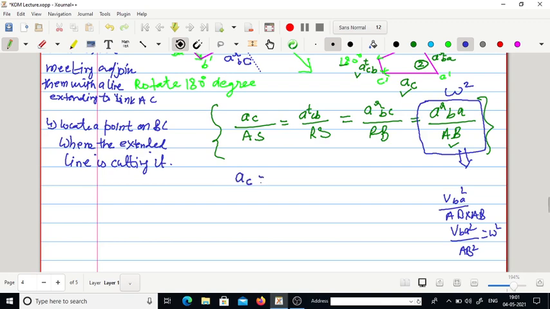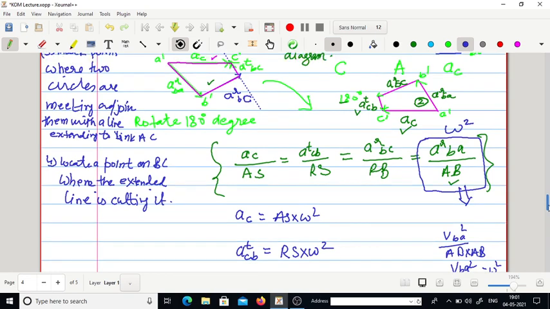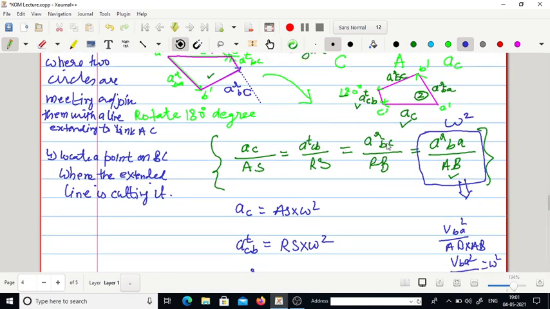Okay, so by using this we can calculate the acceleration of C as AS into omega square, the tangential component of C with respect to B as RS into omega square, and the radial component of C with respect to B, this is CB.